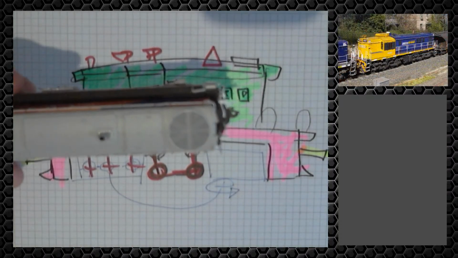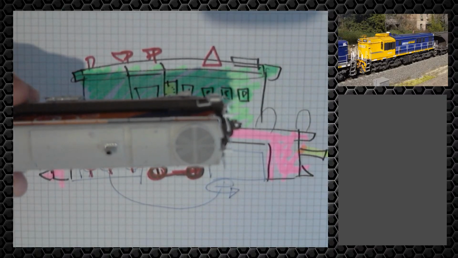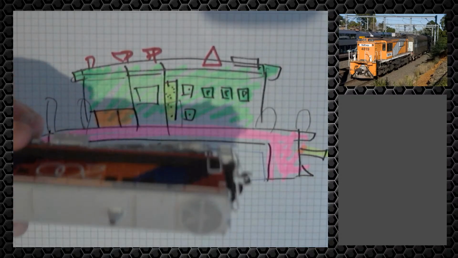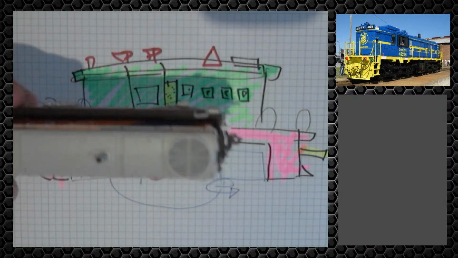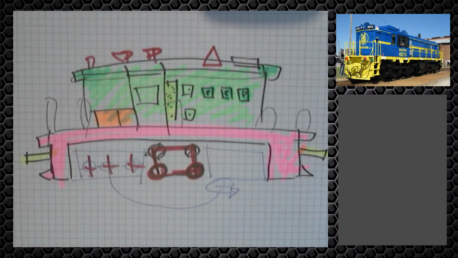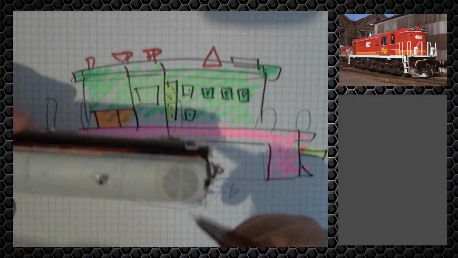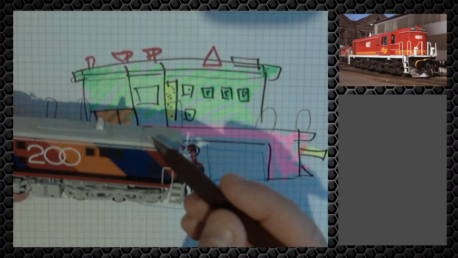What I might do, this is going to be dodgy as. Okay. Where's my pencil? So you can see how the sides around here.